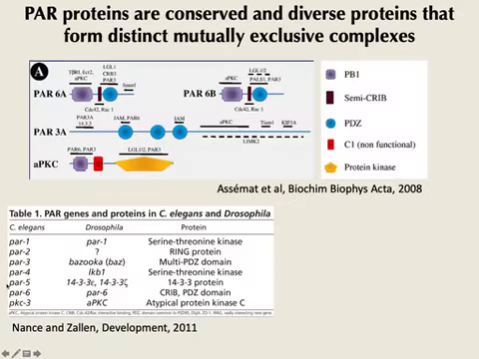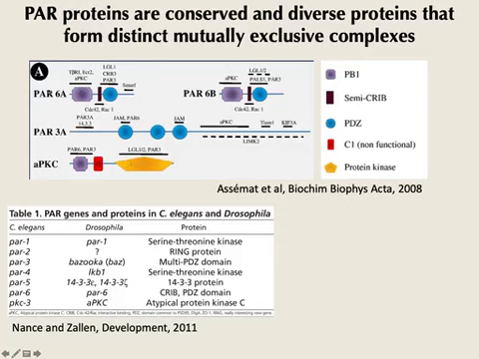Now, this slide is a bit scary. I'm not going to ask you to memorize it, but I just want to use it to illustrate some key processes. These proteins have been characterized extensively. Like many other proteins, they have different kinds of domains. And what I want to emphasize is that there's a lot of protein-protein interaction, especially within the PAR proteins that form the so-called PAR complex.